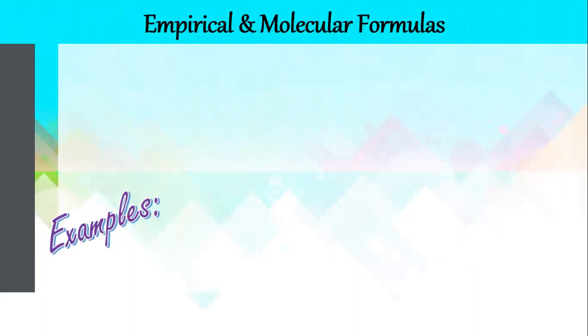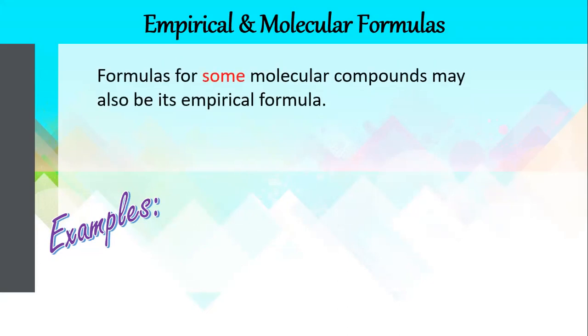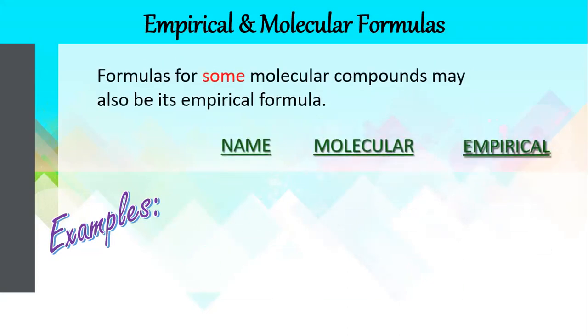Now, I want to make clear that empirical formulas and molecular formulas aren't always different. If the ratios are equal, the molecular formula also shows the actual number of each of those elements that you have in a molecule. A good example of that would be formaldehyde, and also water.